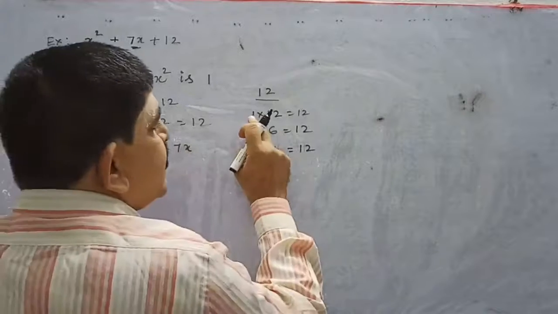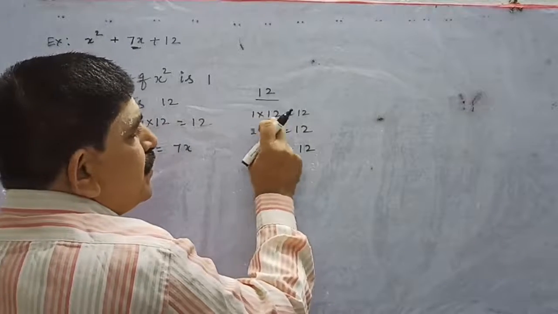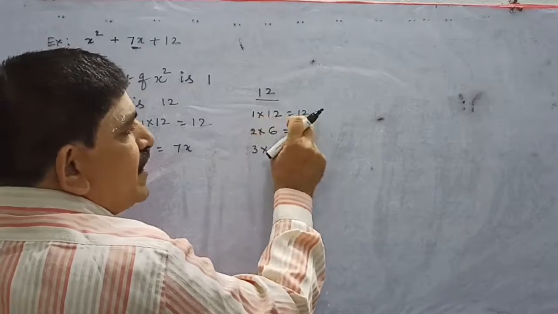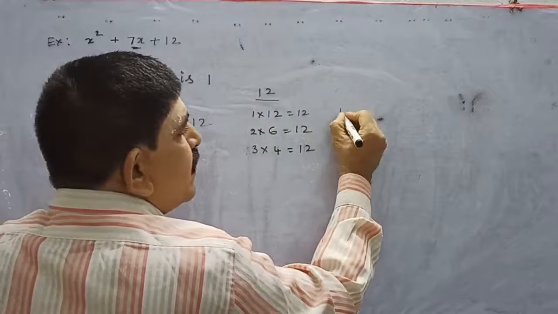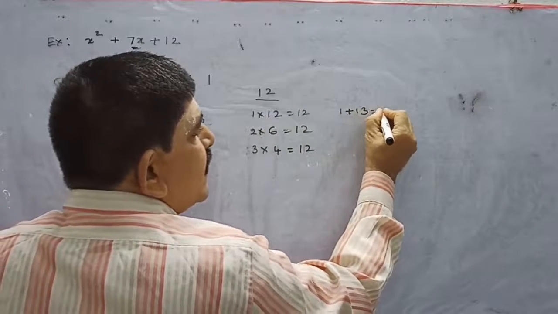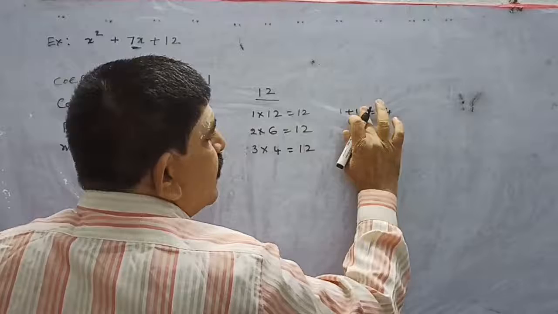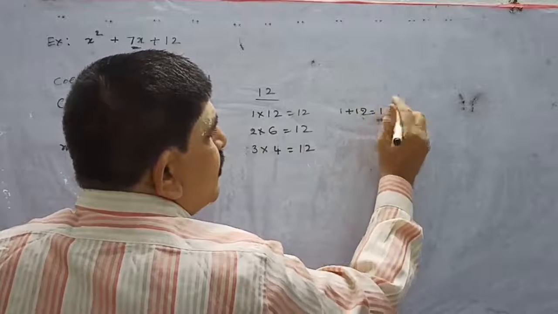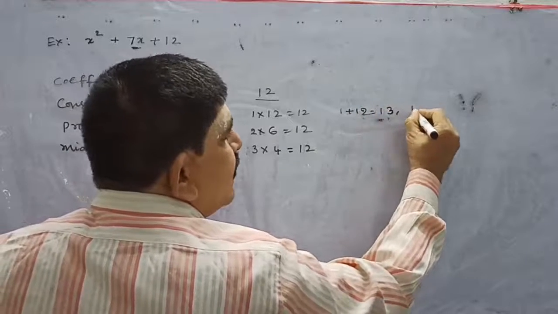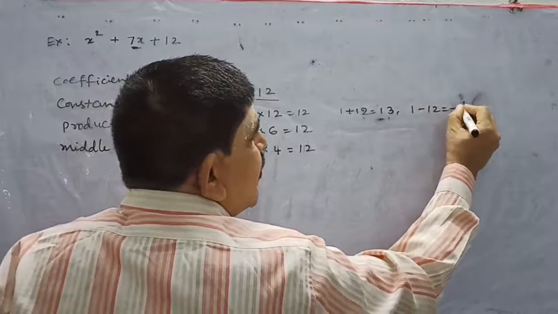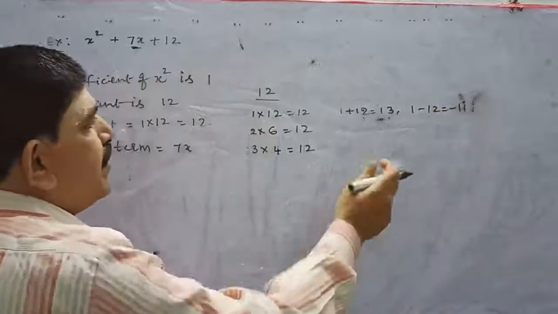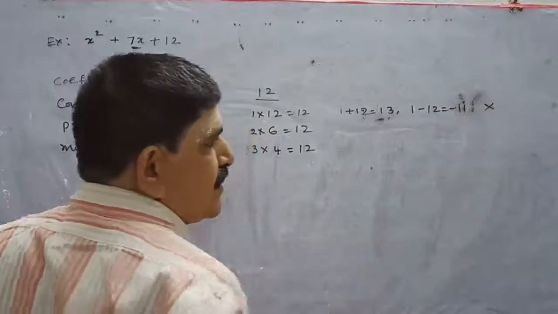Now see here, suppose the sum of the two factors. 1 into 12 is 12, 1 plus 12 is 13. 1 minus 12 is minus 11. So this is not useful.